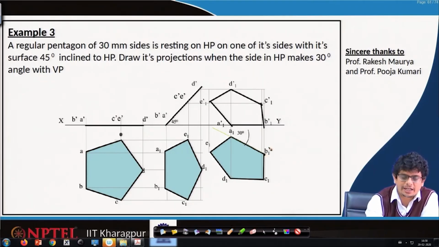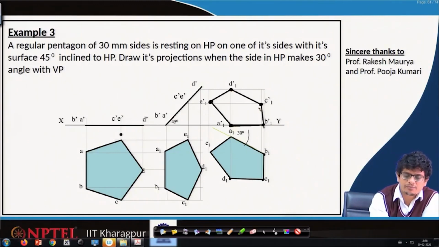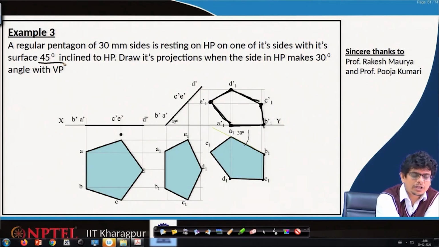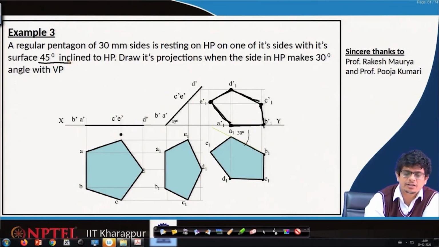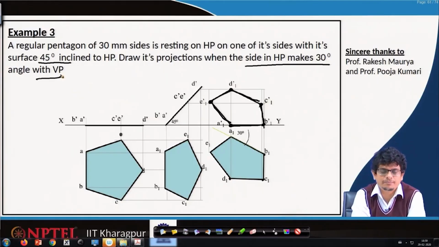Similarly, where B1 intersects with B prime, called B1 prime. Similarly, for C1, D1, by projecting locus points, we can get these points. Join them, and we will get this pentagon, which meets the criteria of being 45 degrees inclined to HP and the side making 30 degrees with the vertical plane.